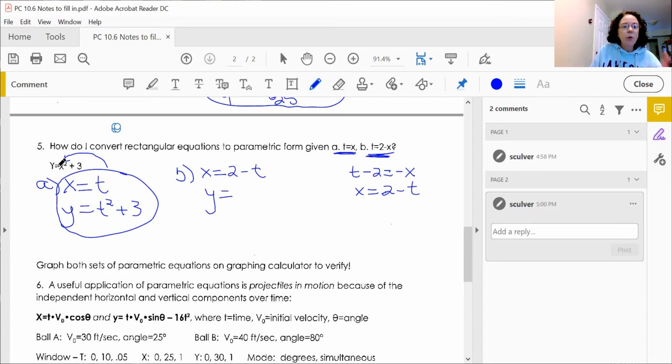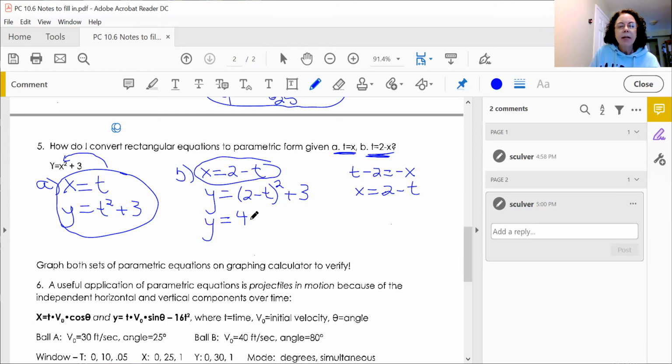Now for my y equation, I'm going to go back to my y equals x squared plus 3, y equals, and where there's an x, I'm going to put 2 minus t, because that's what it says above it is. There we go. Now, this y equation is perfectly correct, but most likely they're going to FOIL it out and gather their like terms. So y equals 4, I'm just FOILing out 2 minus t.